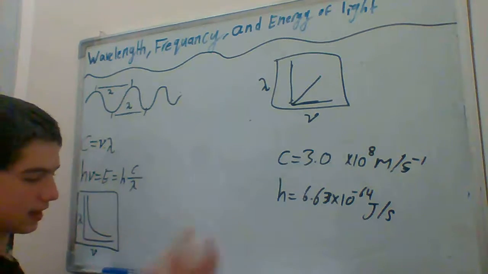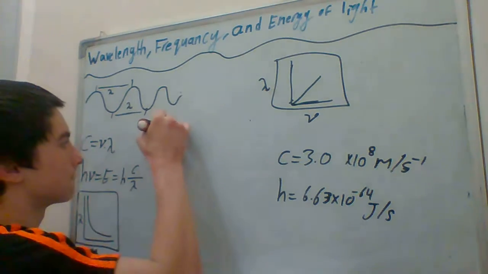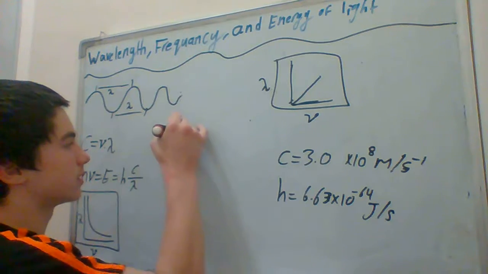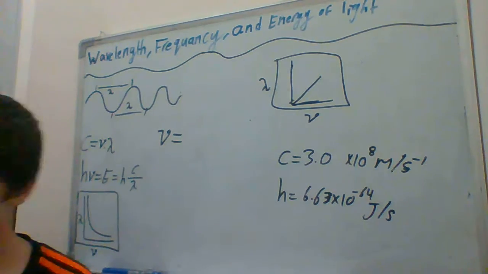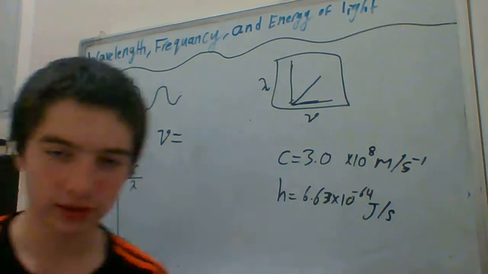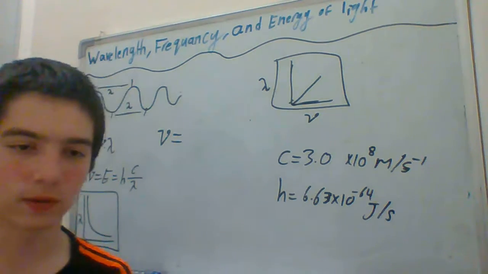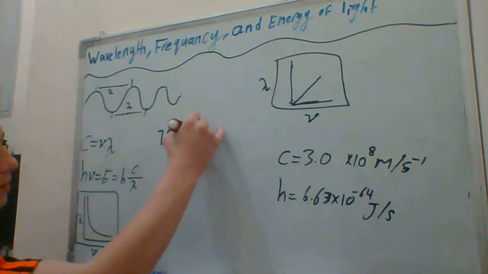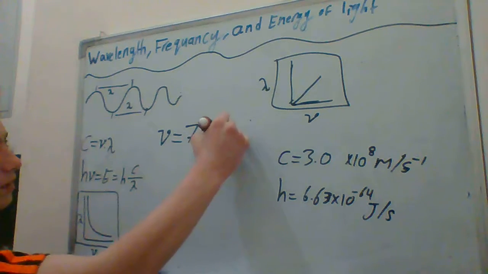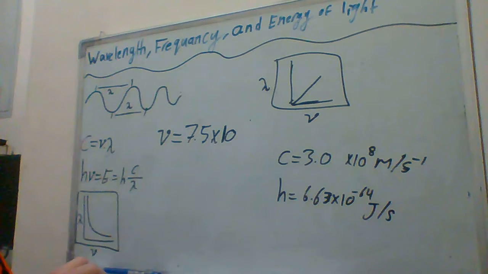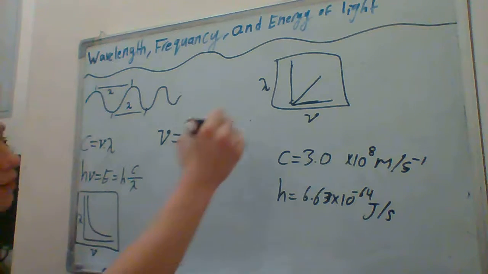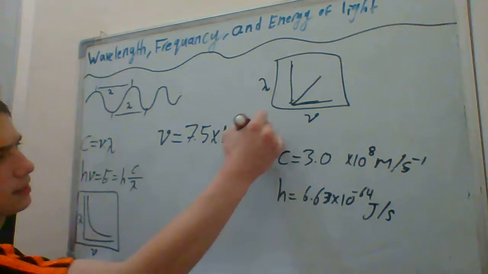Okay, so let's write the answer. Here, frequency will equal... the answer, after doing the math, I don't want to write it all on the calculator because it takes lots of time and we'll waste it. So it's going to be 7.5 multiplied by 10 power 14 per second.